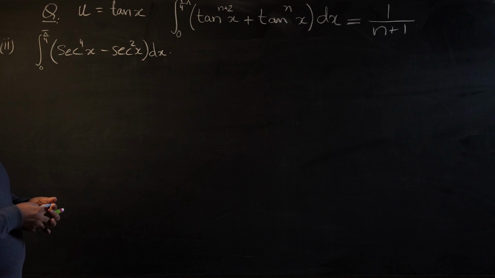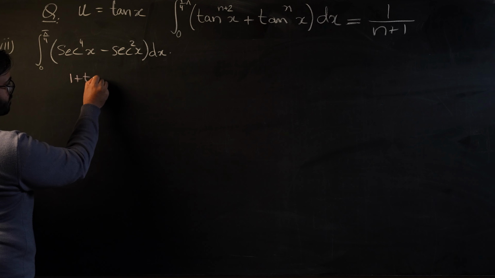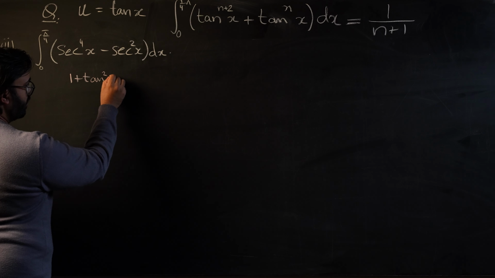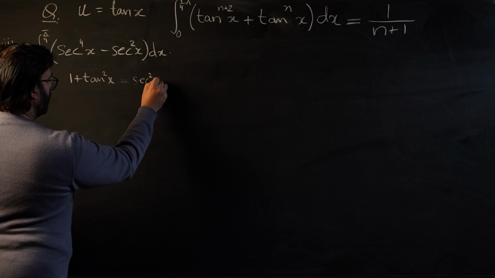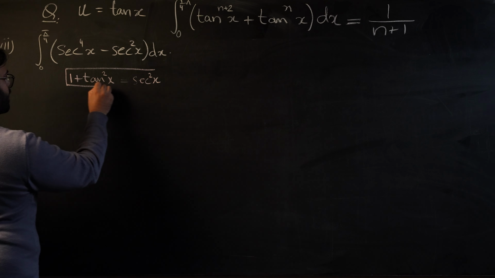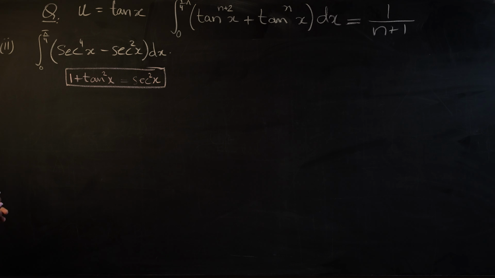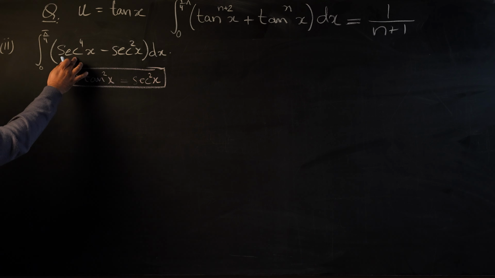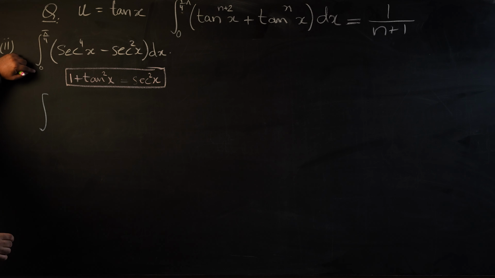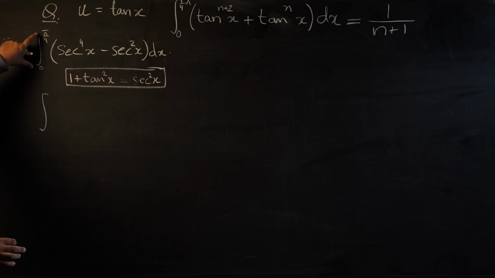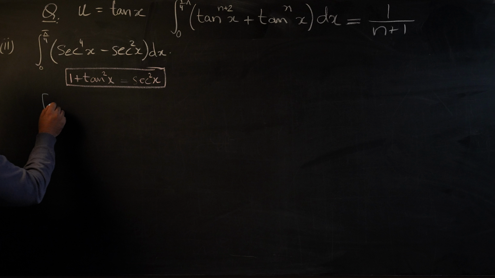And again, the identity that we're going to use is 1 plus tan squared is secant squared. So I'm going to get rid of secant squared terms and go towards tan. Before that, I would like to take secant squared common. I'm ignoring the limits for a while because we know that we can put the limits back again once we are in a relevant form.